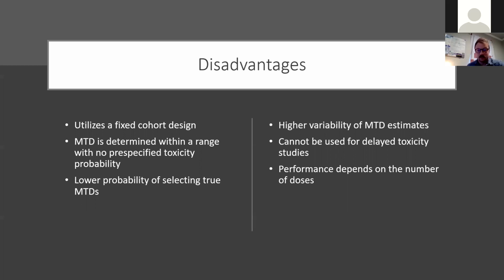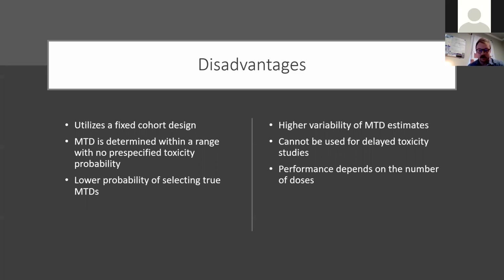There's also a lower probability of selecting the true MTD, which has been proven in these papers. That can be a problem, because if the MTD is underestimated, patients can be treated at a subtherapeutic dose level in the phase 2 trial.